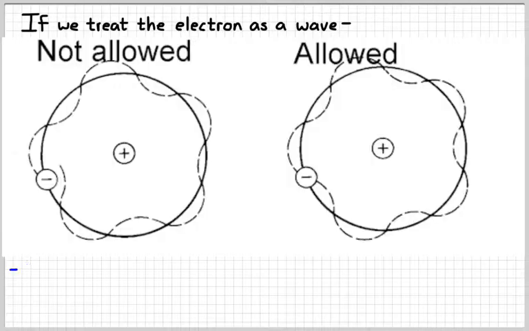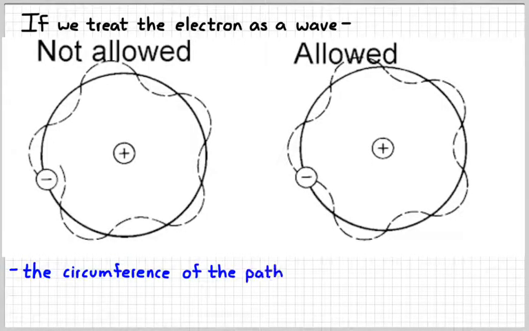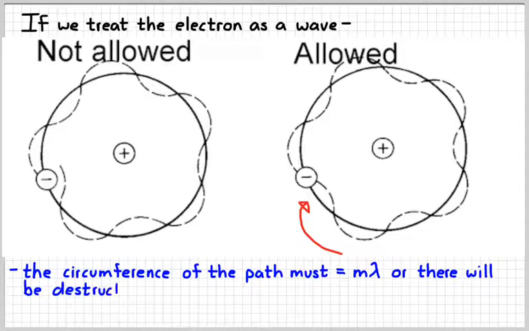distances from the nucleus. And so if we were to treat the electron as a wave, and borrowing a picture of that, the circumference of the path that the electron follows as it travels around the nucleus has to be some integer number of wavelengths in order to actually exist as a wave.